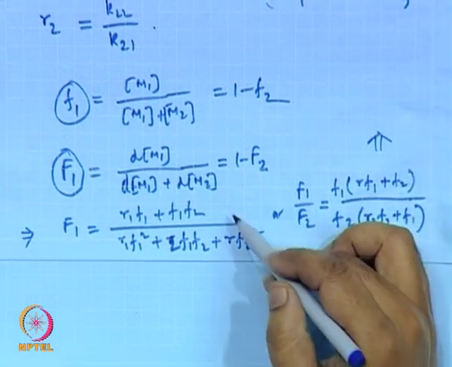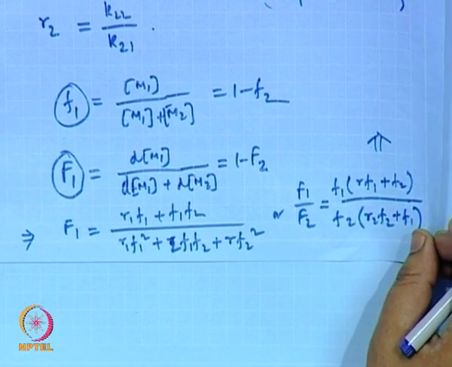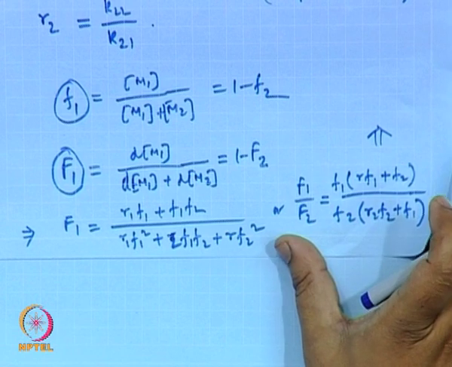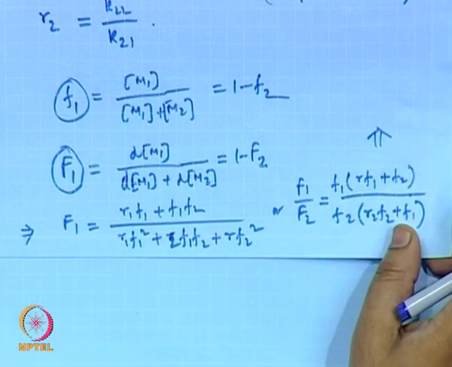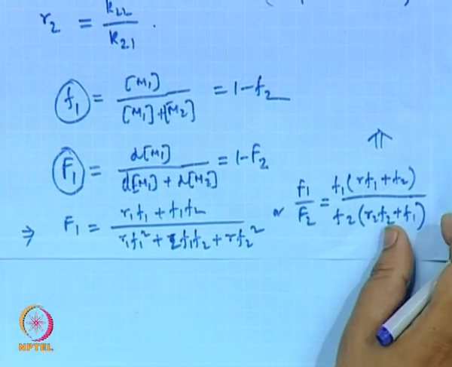So, we can use this expression, and from that we can actually get the values for R1 and R2. This expression can be rearranged and written like this.